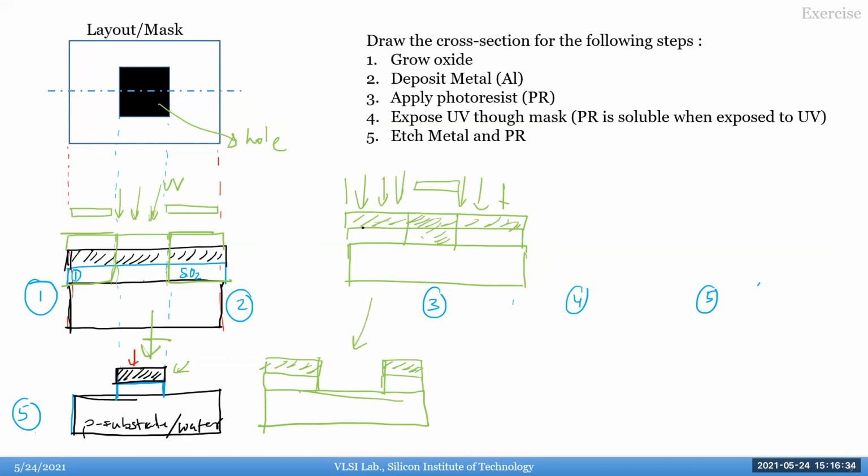Now, you could do this with a negative photoresist, in the sense that here we are assuming that wherever the UV is exposed, that is the part which is hardened, and that part of the metal or silicon dioxide remains. Everything else gets etched away. But you could use a type of photoresist which does the opposite.